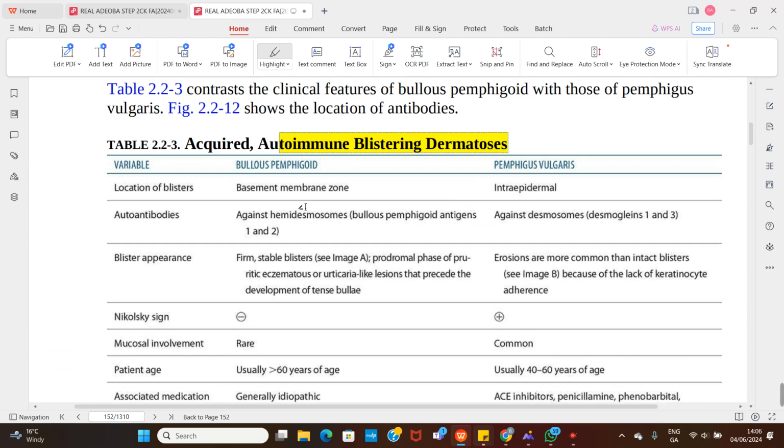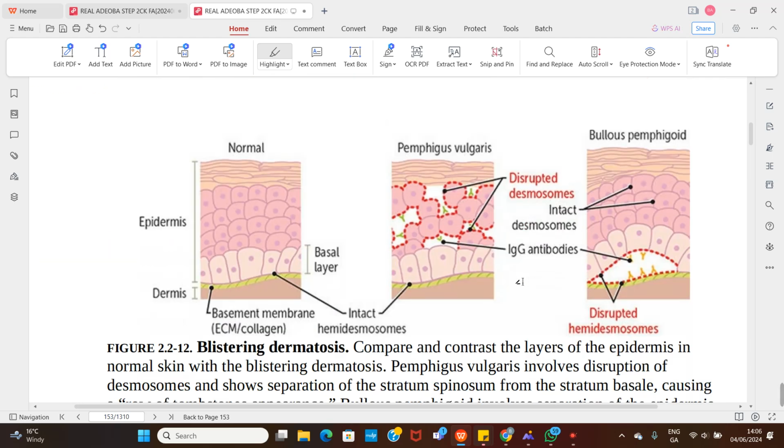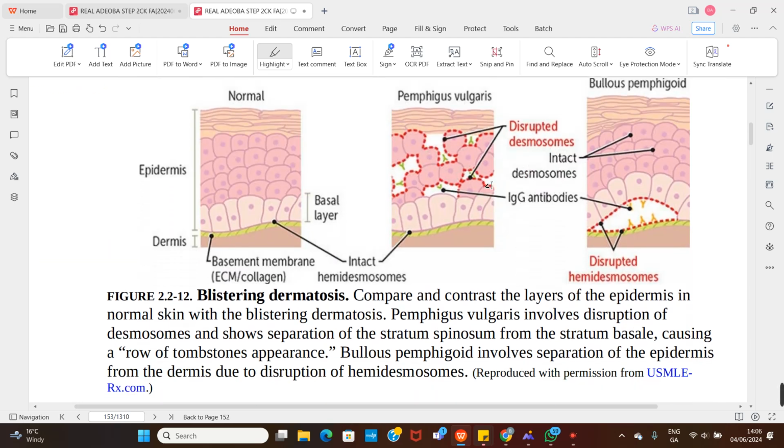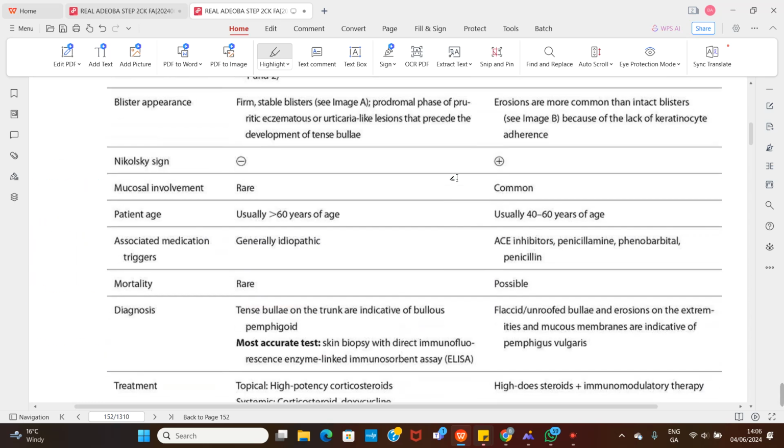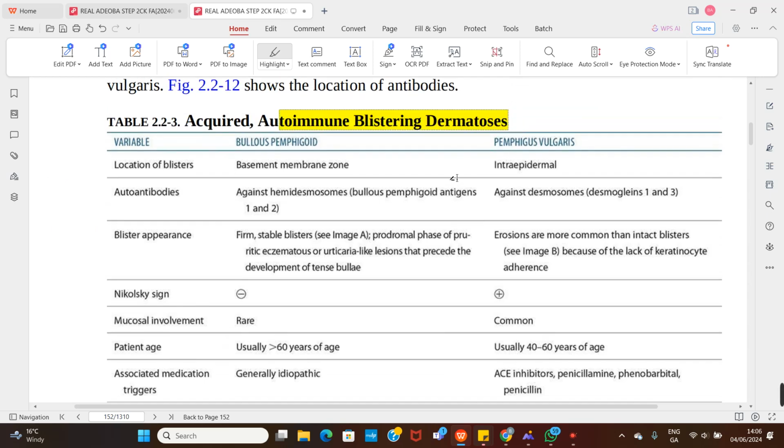Then for pemphigus vulgaris, it is intraepidermal. So the fluid accumulates in between the layers of the epidermis, particularly between the stratum spinosum and above the stratum basale. So this is the stratum basale, this is stratum spinosum. So that's where you have the fluid accumulating and they form the blisters.